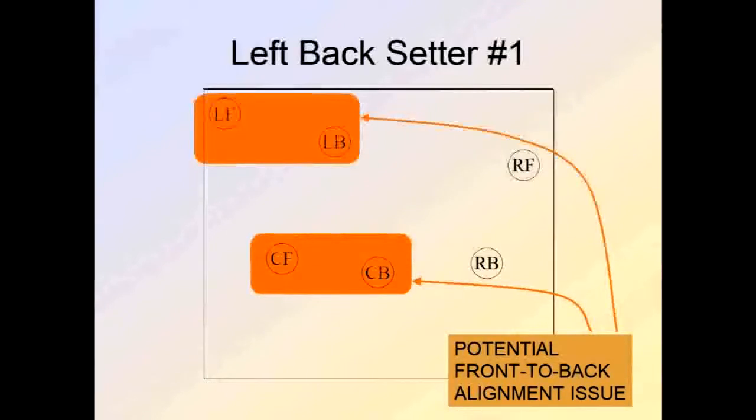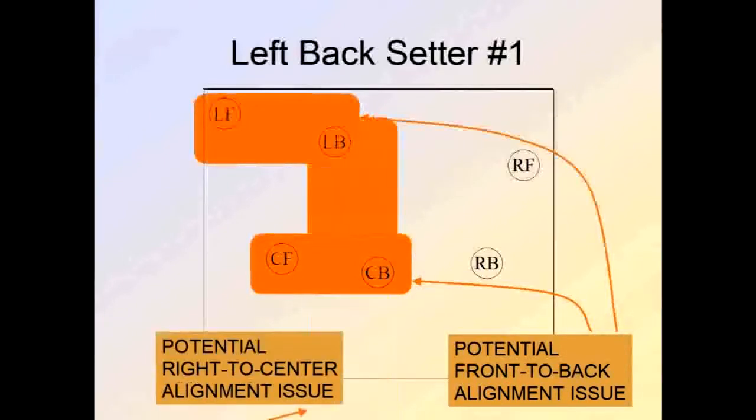And then the left front player must ensure that they are closer to the left side boundary than the center front player, so there's no front to back issue there. And then the left back player and the center back player must ensure that they do not have a right to center alignment issue.